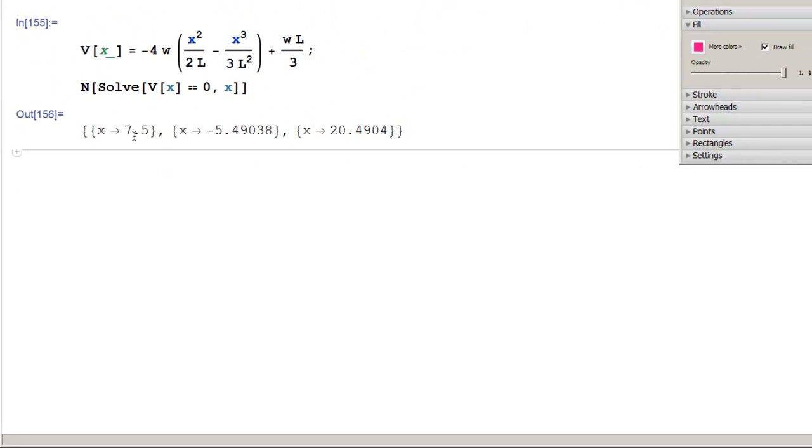We have x equals 7.5, we have x equals minus 5.5, and x is 20.5 basically, and we've discussed that x equals 7.5 is my solution. Okay, and the last one, how to solve for M of 7.5. Just type it like this and it will give me the answer.